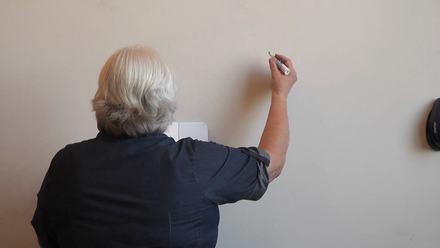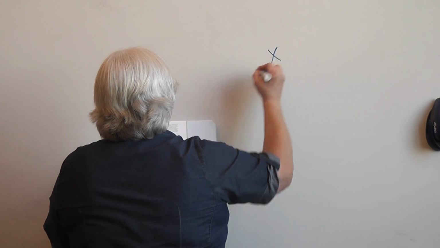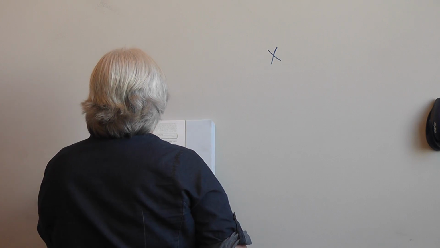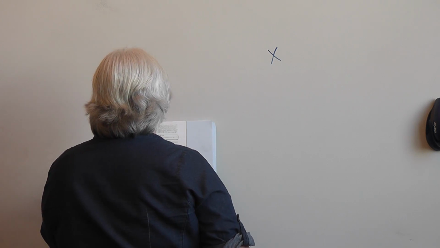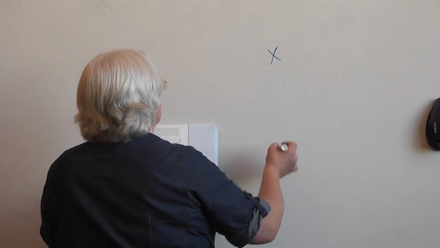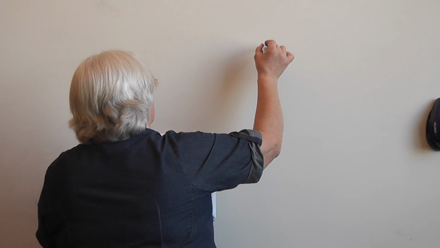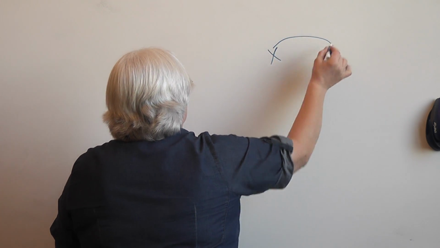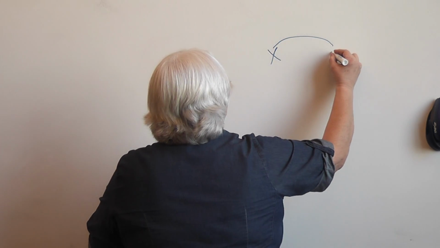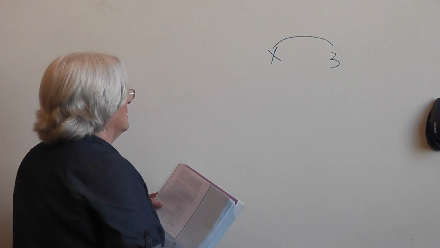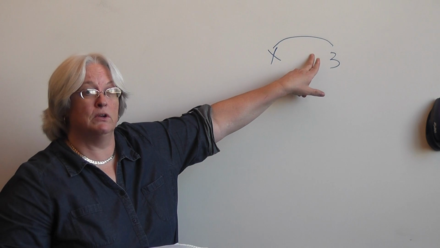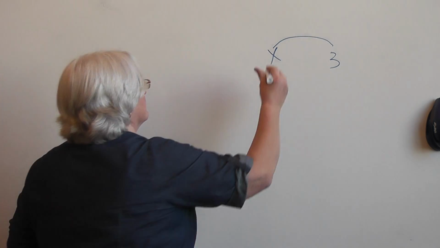Okay, here's a point, x, and it is 5 units away from the point with a coordinate of 3. It's 5 units away from here.